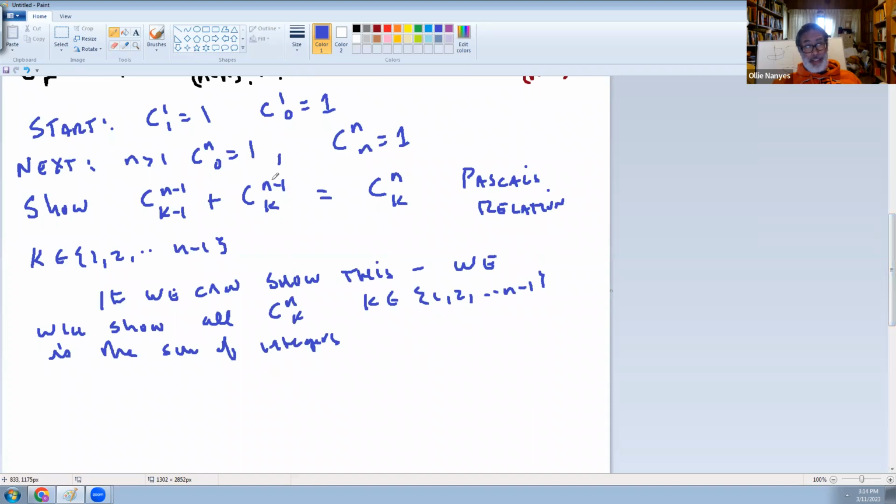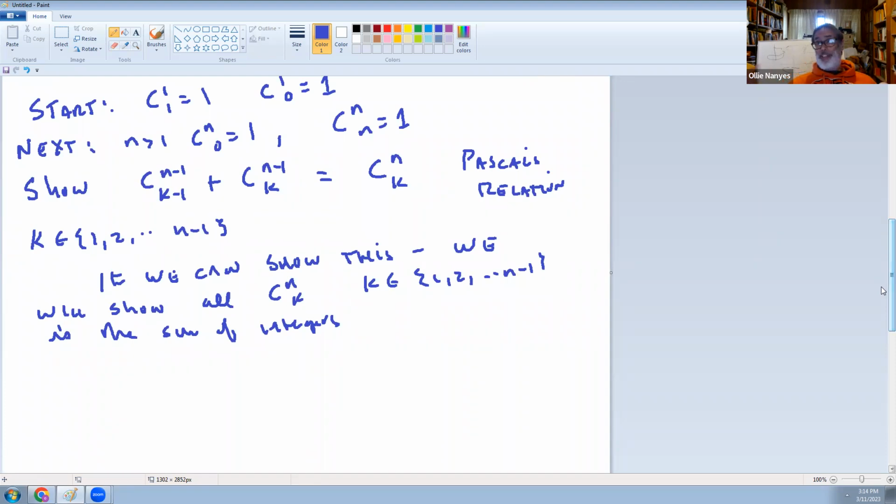Because if we show this at this level, then it must be true for all previous levels. And the sum of integers is an integer. So this is one way to do it. So let's get started on doing that.